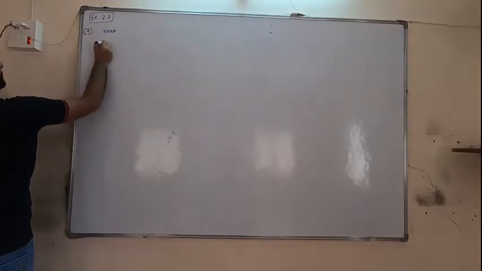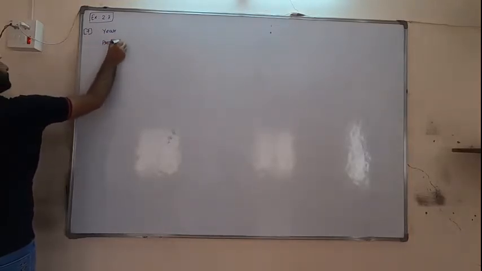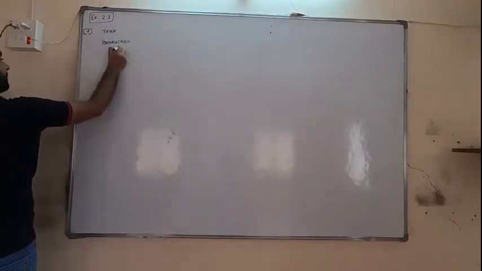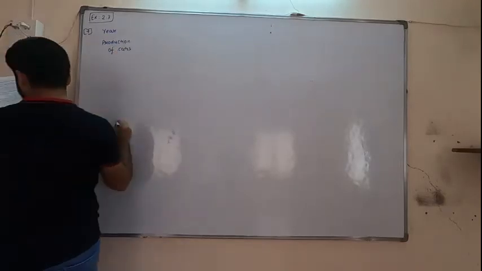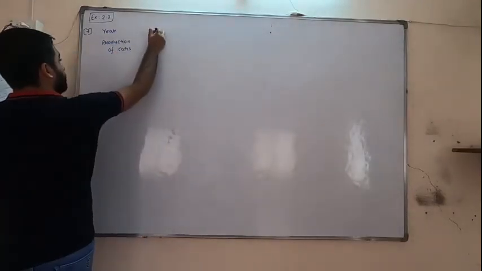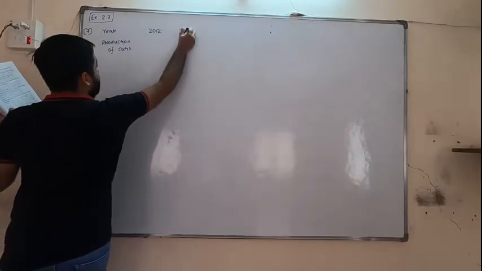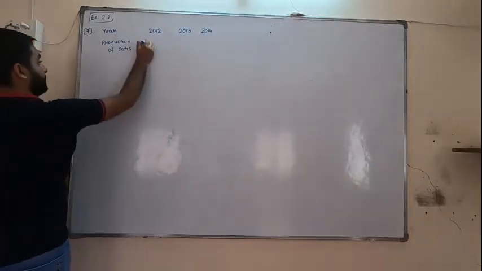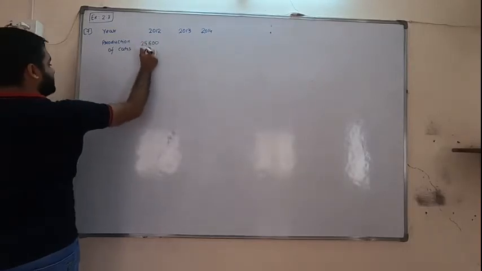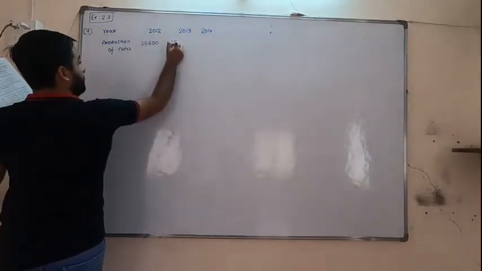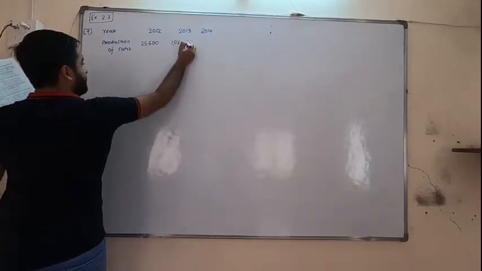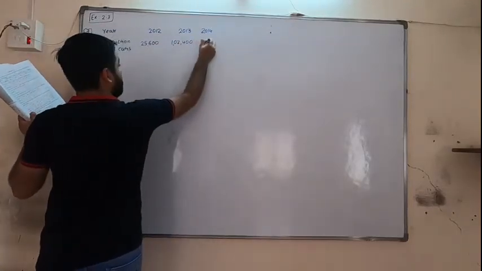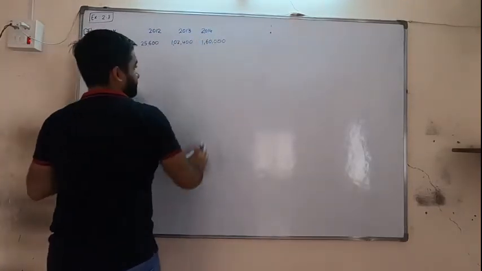Year, production of cars: 12, 13, 14; 25,600; 1,02,400; 1,60,000.